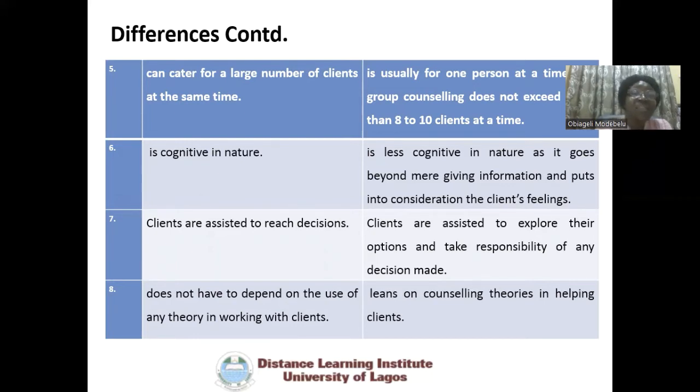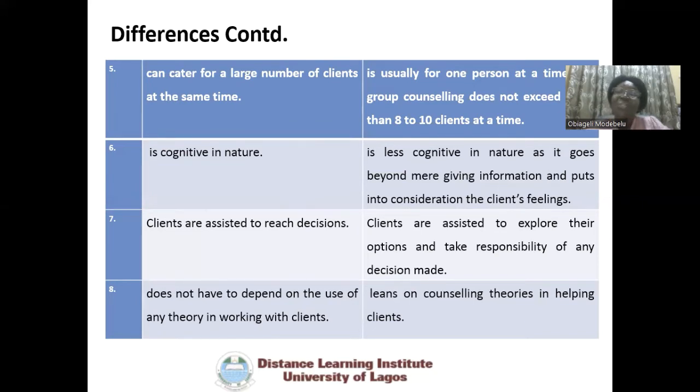Guidance is cognitive in nature, as we have said before, whereas counseling is less cognitive in nature because it goes beyond mere giving of information. So, studying a client, understanding a client, discovering things about the client, digging deep into the client's background, even if it means going as far back as that person's childhood, because Sigmund Freud has told us that things that happen in the first 6 years of life can affect and influence a person's behavior and way of life.